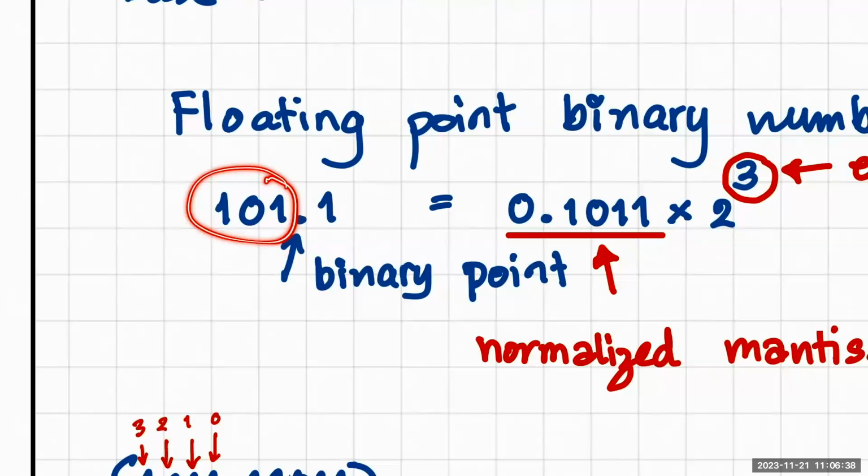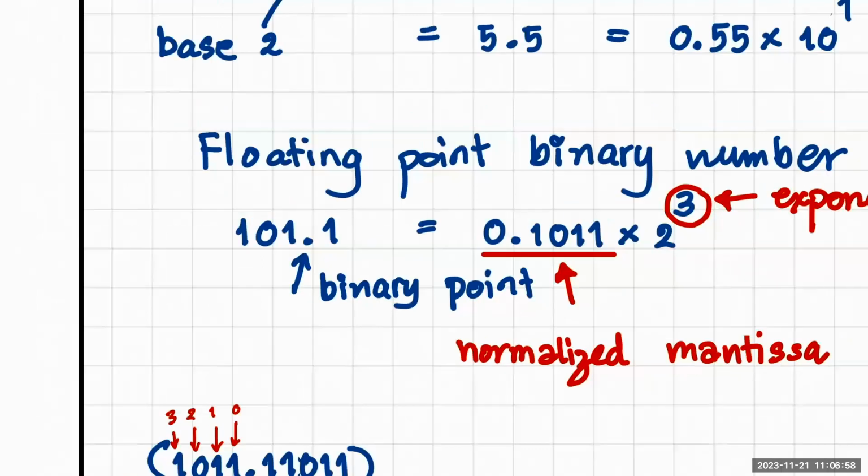The number after the binary point or decimal point gives you the fractional part, which is less than 1.